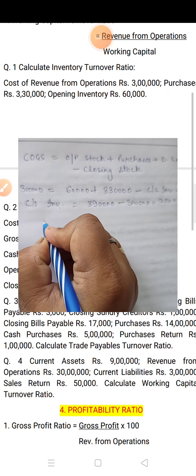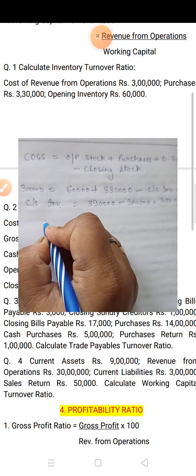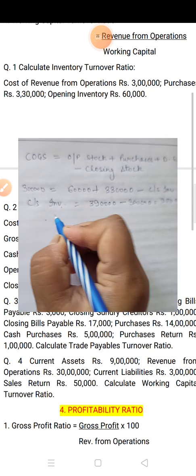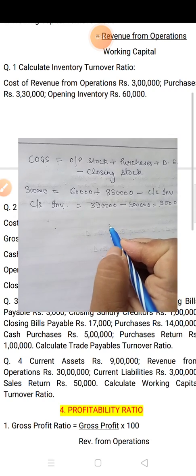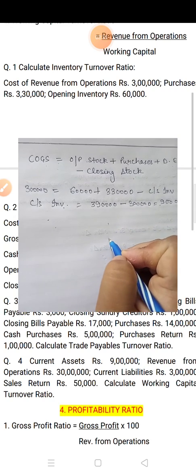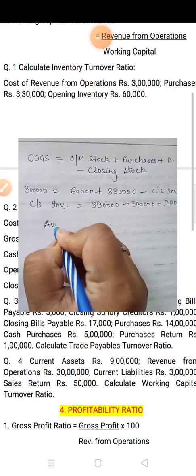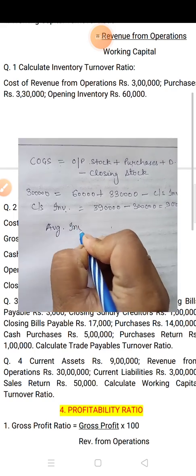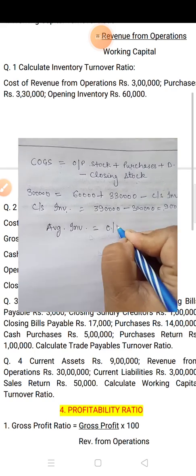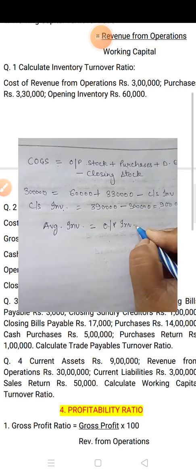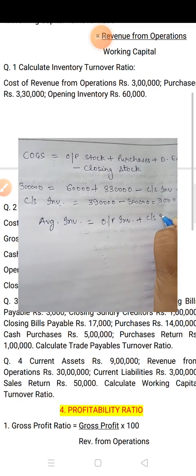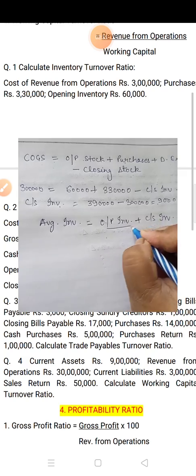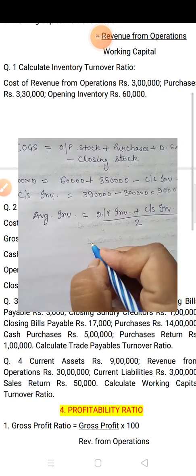Now this is the value of closing inventory. Now apply the formula. You have to find out the inventory turnover ratio, and the formula is COGS upon average inventory. For average inventory, the formula is opening inventory plus closing inventory upon 2.